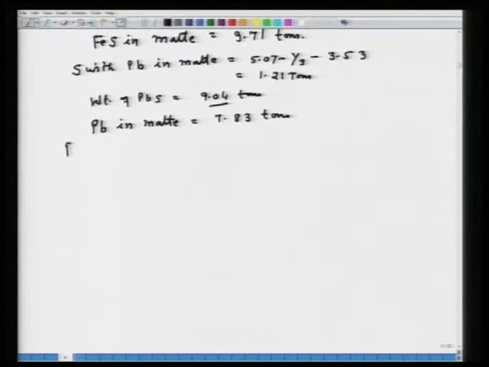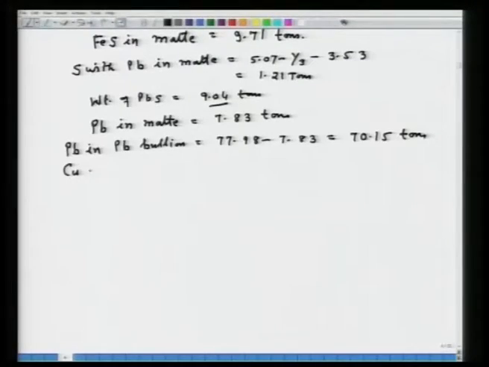Now, I can calculate lead in lead bullion, that will be equal to 77.98 minus 7.83, which equals 70.15 tons. So, in order to calculate lead in lead bullion, you have to do all this exercise, because some amount of lead is lost in the slag, or iron is entering into mat and slag, and to come up with the lead sulphide and so on. So, straight away you will not be able to calculate the lead in lead bullion. That is why this exercise has to be done.